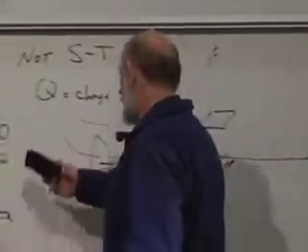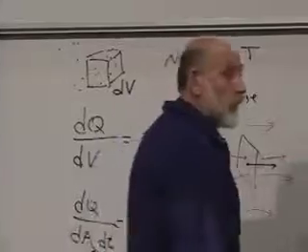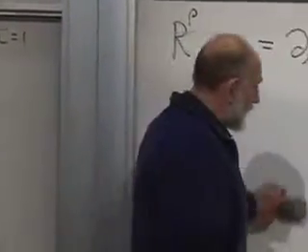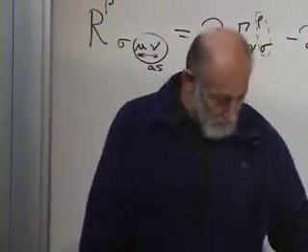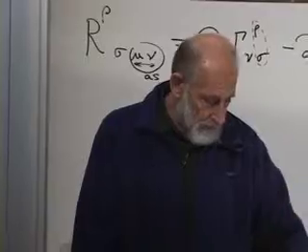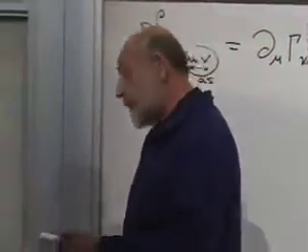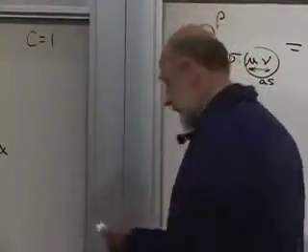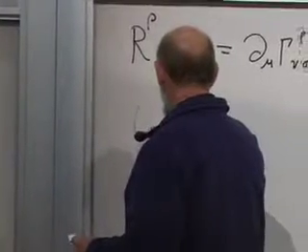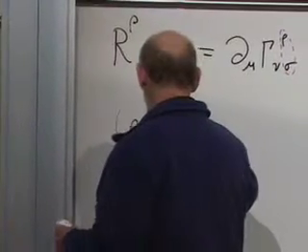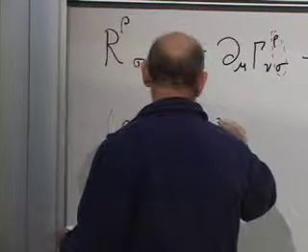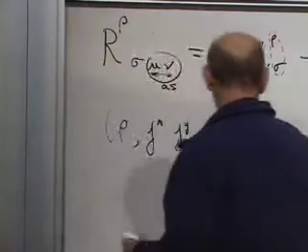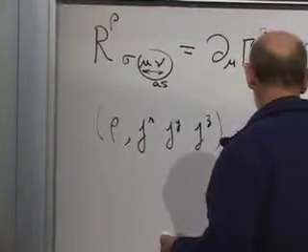And these objects together form a 4-vector. It's natural to group them together into a 4-vector. And that 4-vector is called the current, the 4-dimensional charge current. You group together rho, jx, jy, and jz, and those you just call j mu.